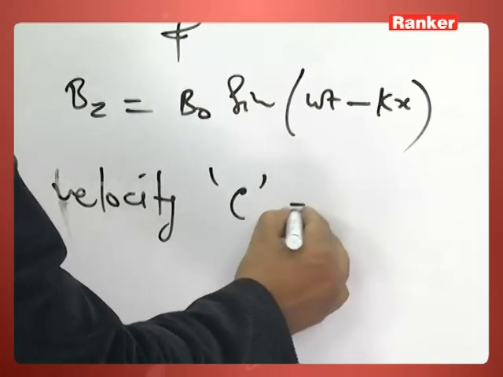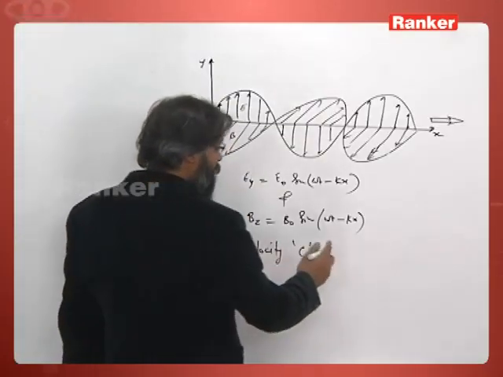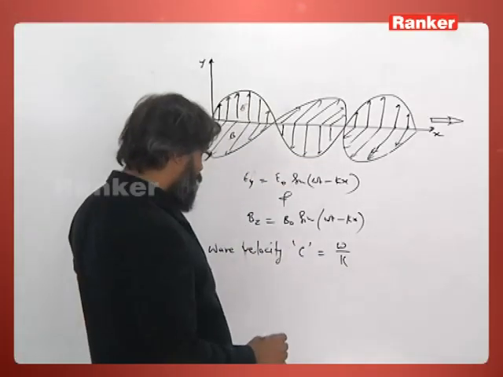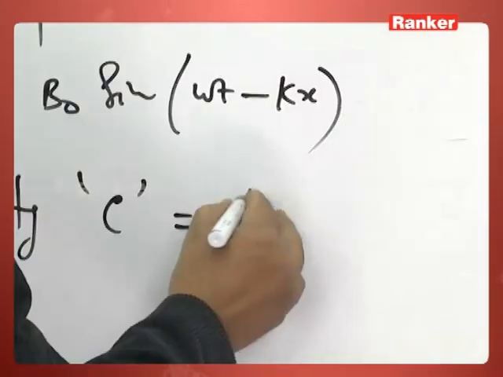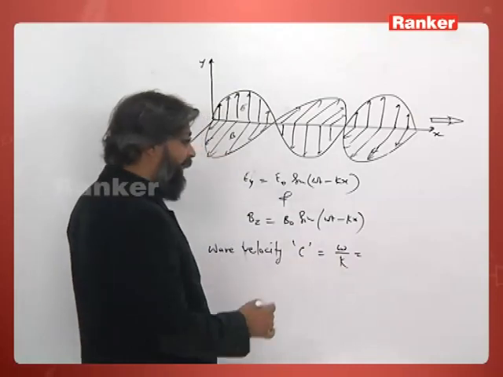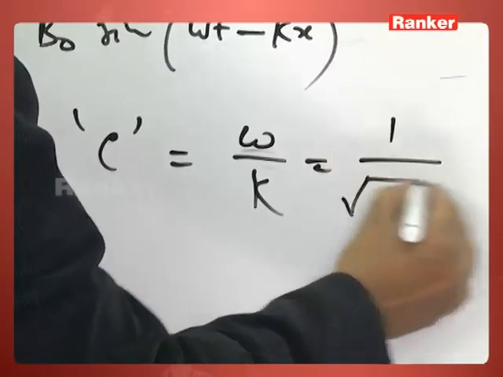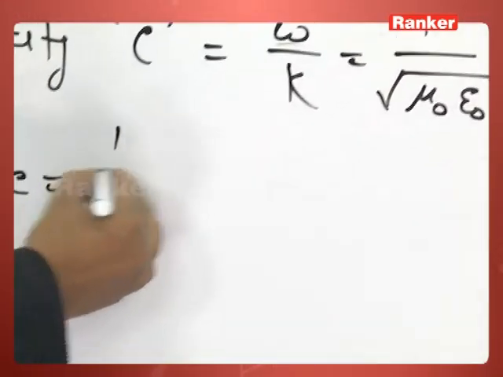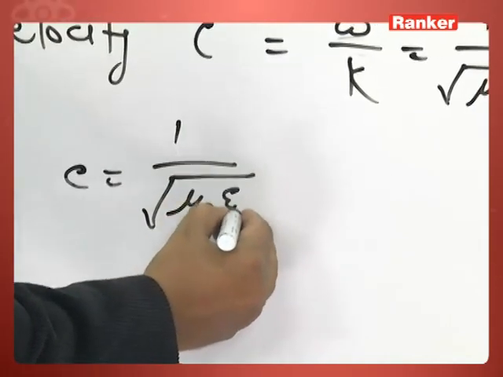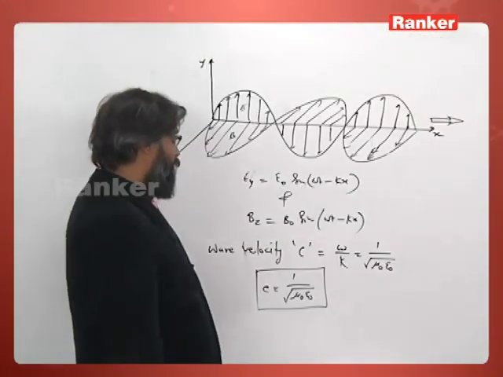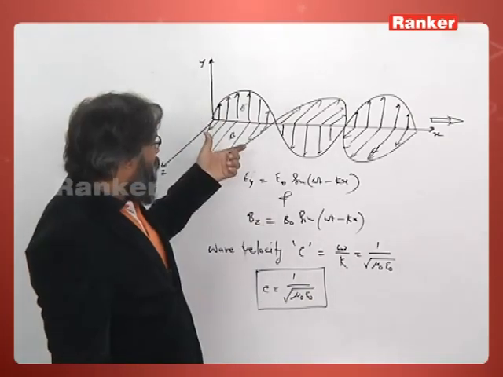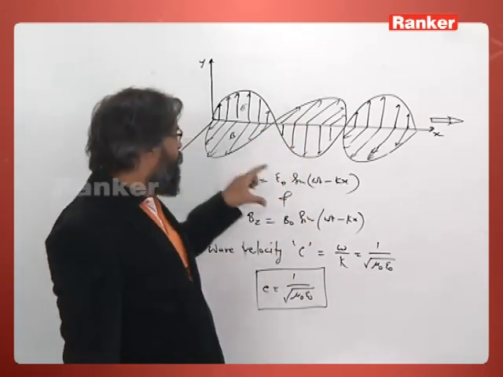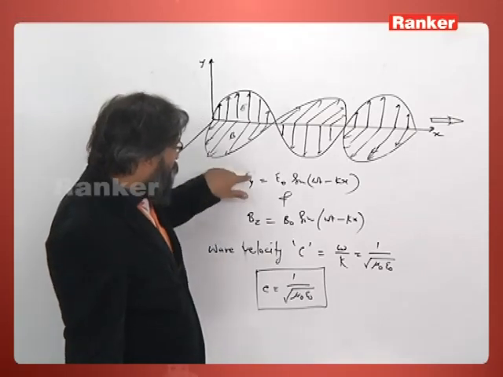C is the letter reserved for the velocity of electromagnetic waves. C is omega by k, where omega and k are related such that c is 1 by root over mu naught times epsilon naught. Maxwell could derive these equations from the previously discussed 4 Maxwell's equations.